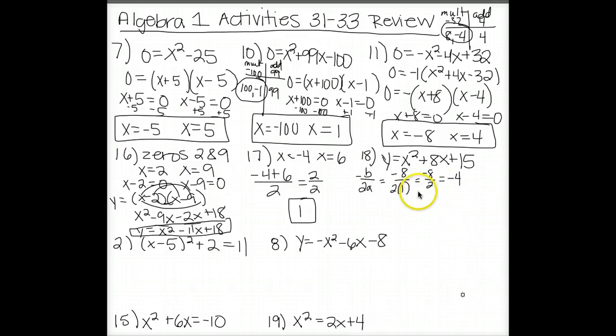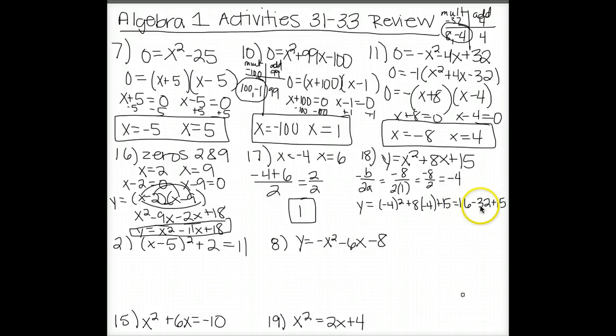That's the x coordinate. Remember, whenever I need to find a y coordinate, I just plug the x coordinate in. So y is going to equal, instead of x, I'm going to put in -4. So -4 squared plus 8 times -4 plus 15. So -4 squared is 16. 8 times -4 is -32, and then plus 15.